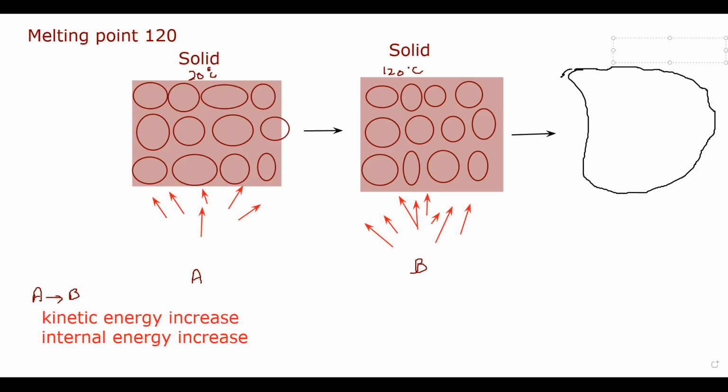What is the temperature of the liquid form? Because we know whenever there is a change in state, there is no change in temperature. So if the solid was at 120 and it was melting, the temperature of the liquid which is formed in this process will also be 120.